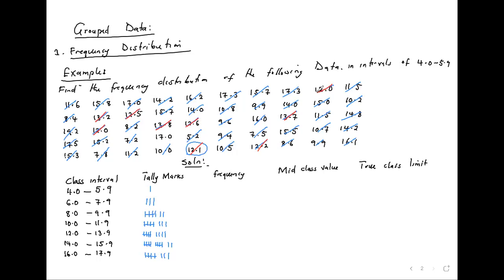Then after you get these tally marks, now you get the frequency. The frequency is just the number of these tally marks. So 1, 3, 5, 6, 7, 8, 9, 10, 11, 12, and then 8. Okay, but this interval needs to be checked. 10.0 to 11.9, we've got a difference in numbers here.